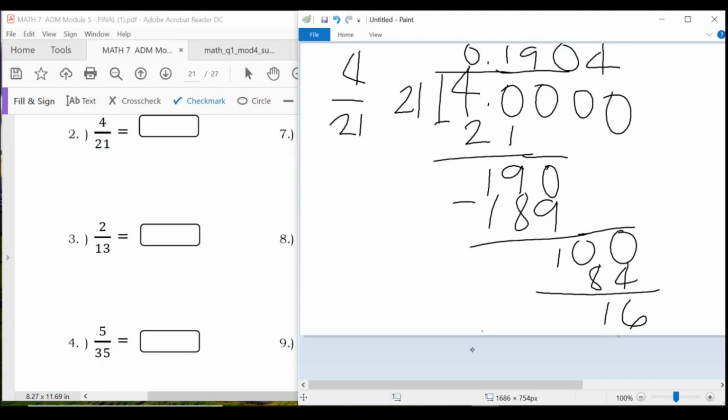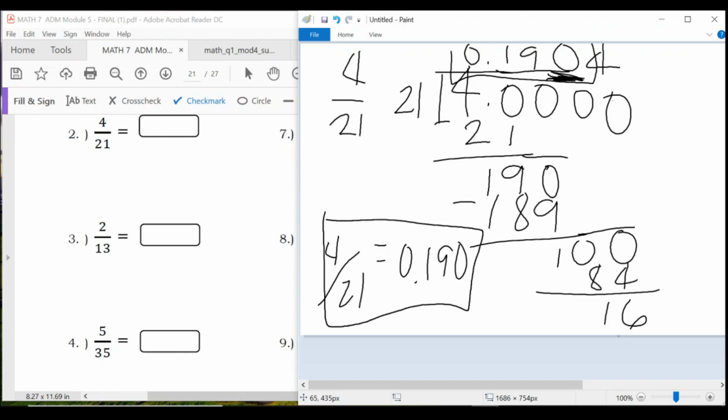So we will round off this place na. So since ang numero na nasa kanyang right side ay 4, so that is less than 5, so retain ang value na 0. So our answer is 4 over 21, that is equal to 0.190 for our number 2.